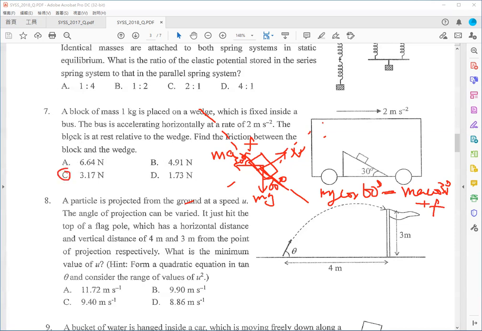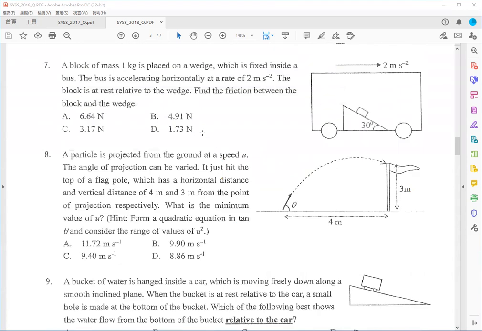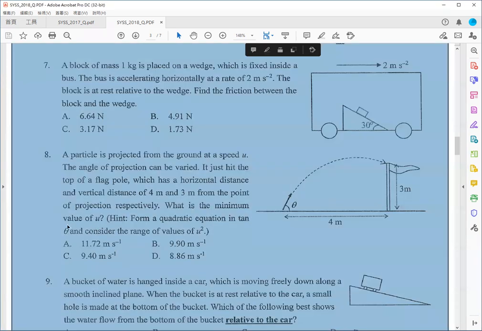Okay. So you see that these few questions we have done have used the skills I've taught you. So, question 8, I think if you still remember, I have told you about it.